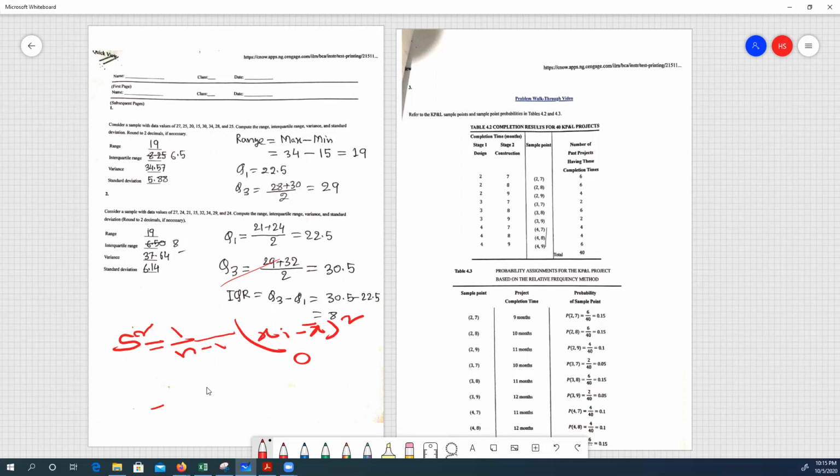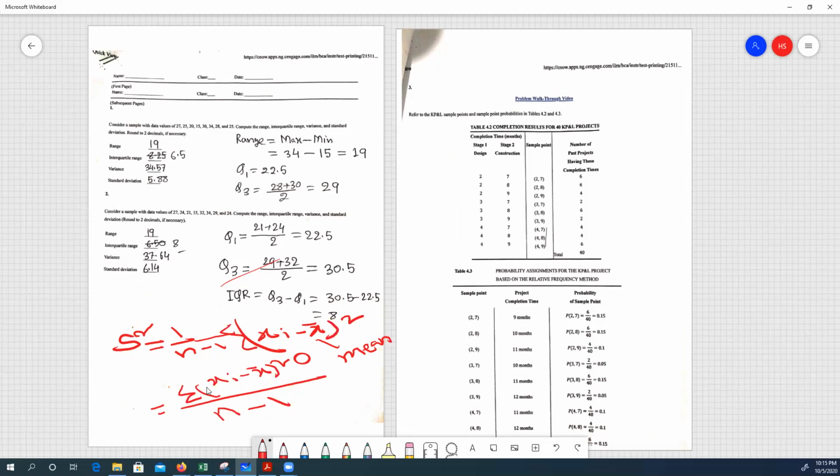Or you can just write in the denominator n minus 1, and in the numerator you will have the summation of xi minus x bar, squared. Here x bar is the sample mean, the average of the numbers.